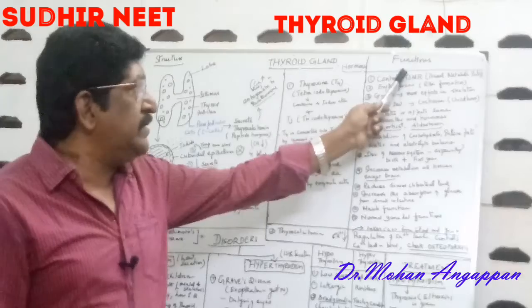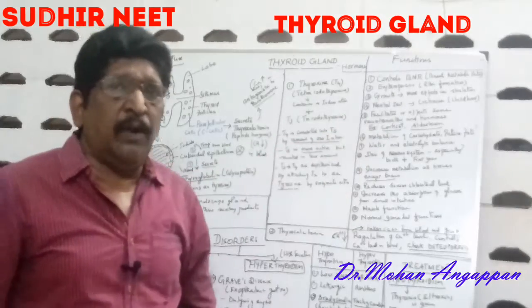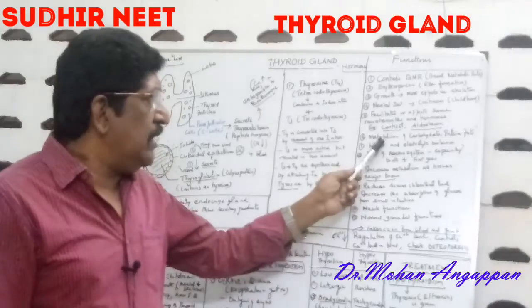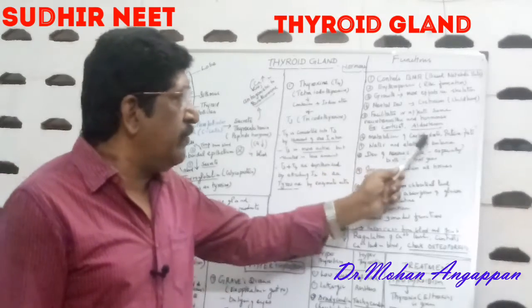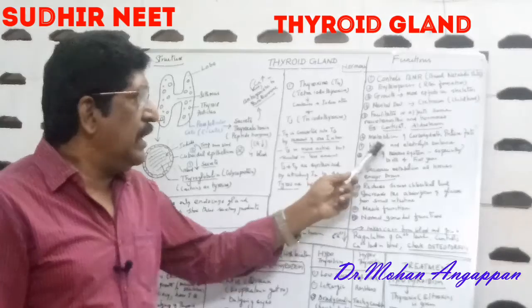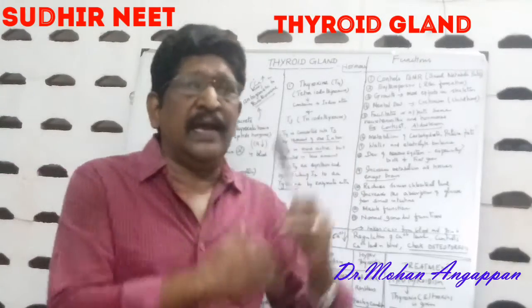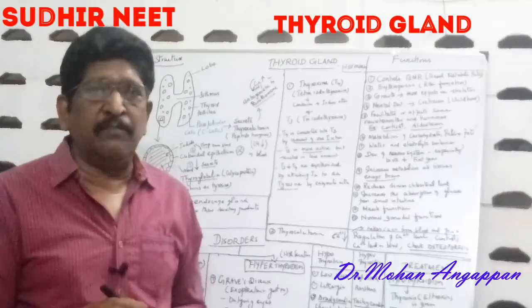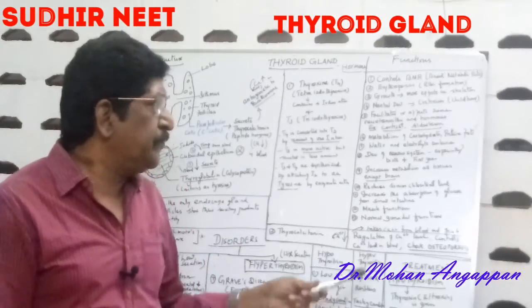We said basic metabolic rate. So for metabolism, we need carbohydrate, protein and fat. So this controls the metabolism of carbohydrate, protein and fat. Number 7, it balances the water and electrolyte. Water and electrolyte balance is done by the thyroxine hormone.